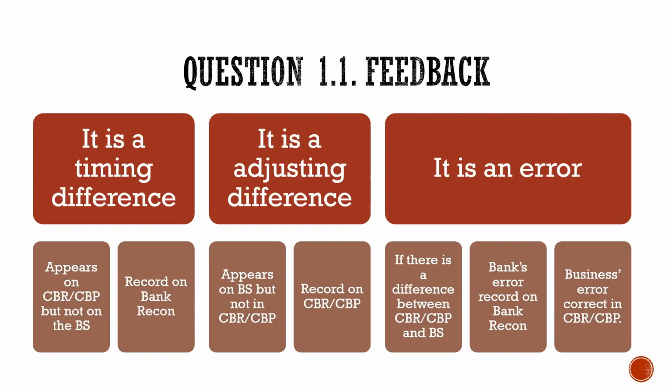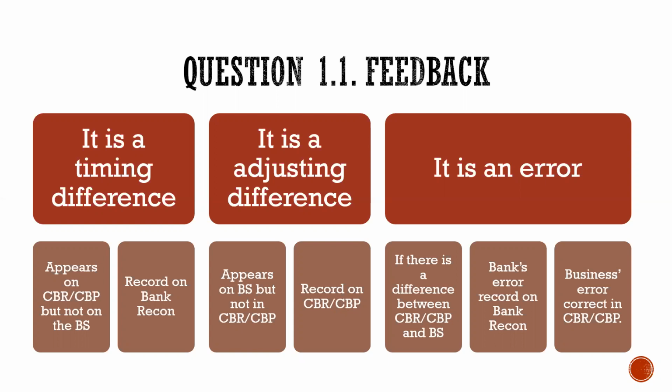Those were the three timing differences. So the first three items in that table are timing differences, because all of those items have been recorded in one of your cash book journals, but have not been reflected on your bank statement. So for those three items, you will record them on your bank recon.